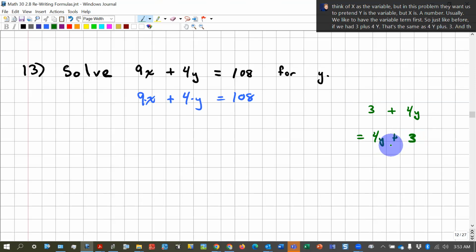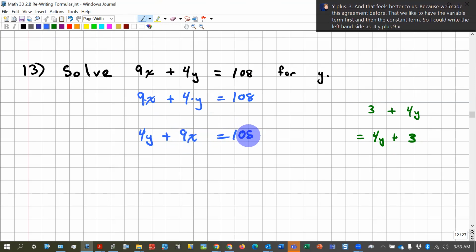And that feels better to us because we made this agreement before that we like to have the variable term first and then the constant term. So I could write the left-hand side as 4y plus 9x equals 108.